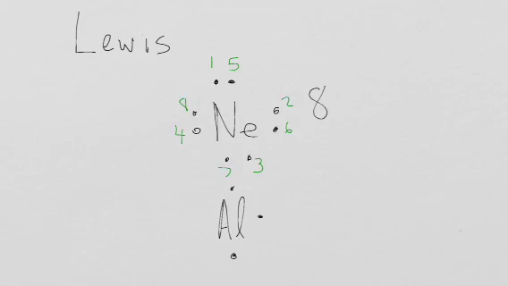That's how we would draw aluminum. Now, the cool thing about Lewis structures is that you can show different atoms bonding together to form molecules, and we are going to revisit this in chapter 2. If we look at sodium, how many valence electrons does it have? Sodium has 1 valence electron.